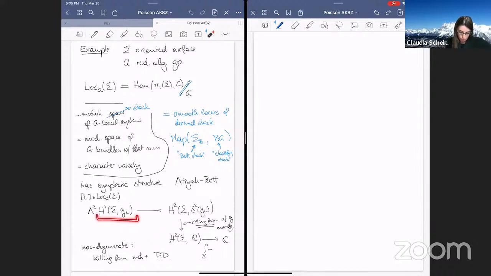And so the thing that maybe is worth mentioning here is that if I take the tangent of these maps, sorry, this should be big, of course, these maps at some local system, then this is exactly H1 of sigma with coefficients in the adjoint bundle, in some suitable sense.